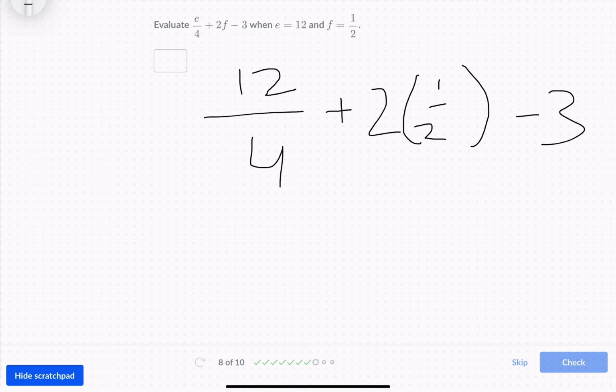So 12 divided by 4 is 3, plus 2 times 1/2 is just 1, minus 3. So we'll do this first. 4 minus 3 is equal to 1.